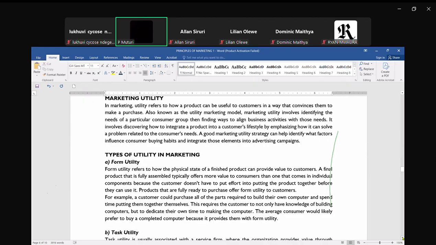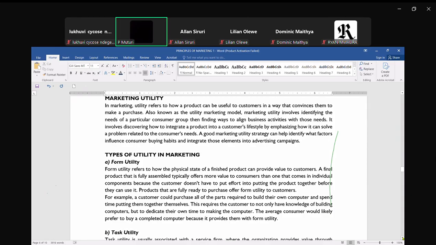We are all consumers. Again, in marketing, we are just putting things into perspective because we are all consumers. I'm sure we buy things. We all buy stuff. So what makes you buy something is because it's of value to you. You would not buy something that you don't think is valuable. So marketing is about creating that utility.